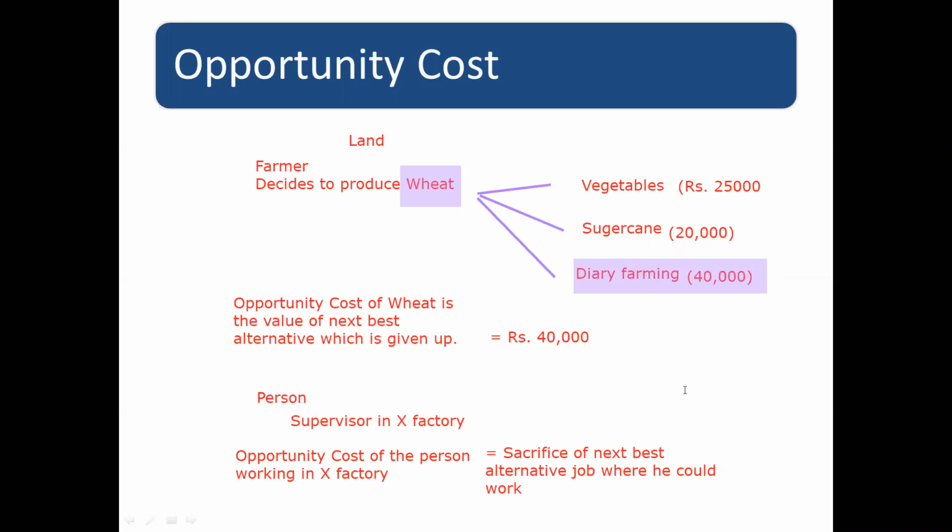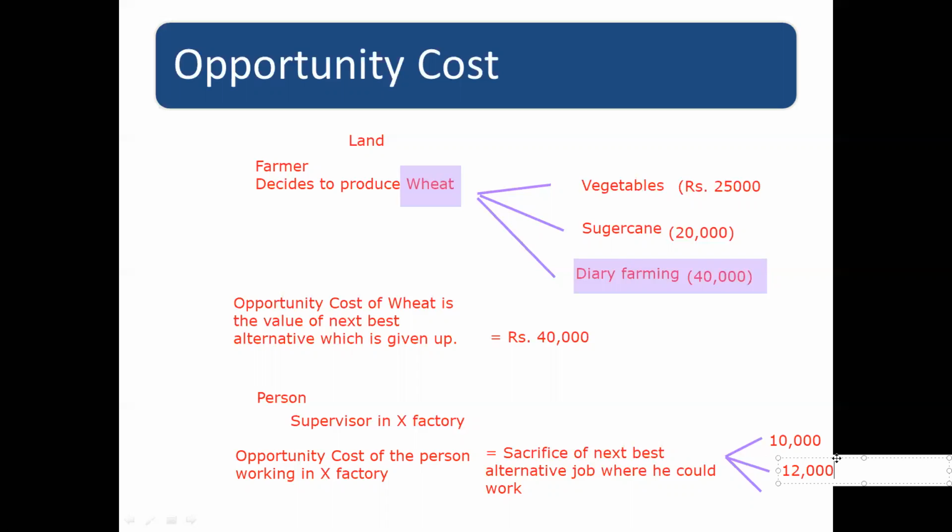So how much he could get in the other factory? So he had the option to get a job in 3 more factories which were close by, and he could get a salary of 10,000 in one of the factories. In another factory he was getting 12,000.